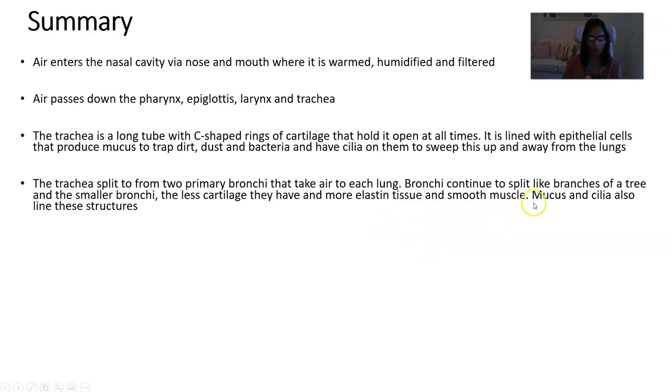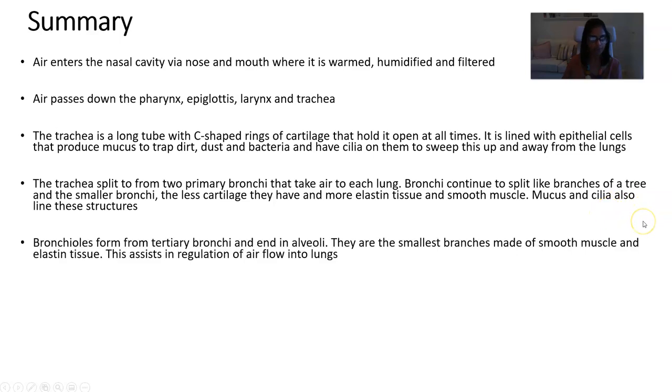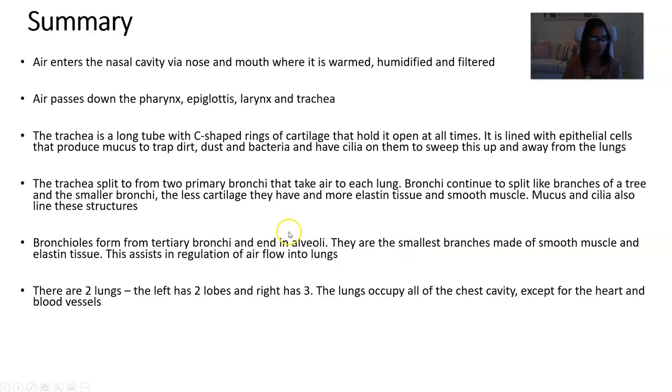All of these structures also have epithelial tissue with mucus, and they will also contain cilia to line those structures. The bronchioles will end up forming tertiary bronchi at the end of each alveoli. These branches are the smallest, and they are made only of smooth muscle and elastin, and this is to regulate airflow. Sorry, I said terminal, I meant tertiary bronchi.